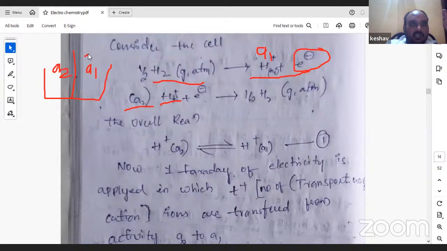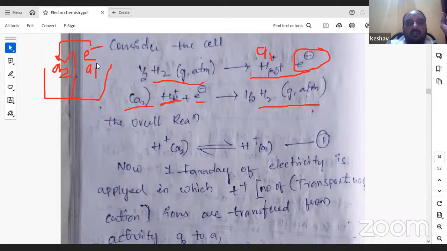So in activity A1, one electron will be released by the hydrogen. This electron will be transferred to A2, so that A2 also having hydrogen ions. These A2 hydrogen ions are absorbing that electron and will be converted to H2 gas atmosphere, right?